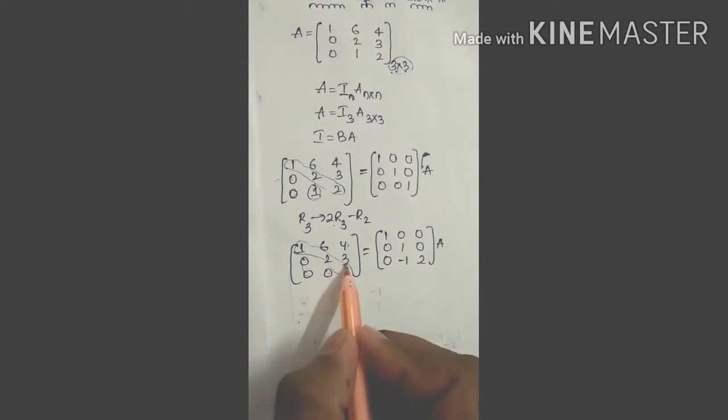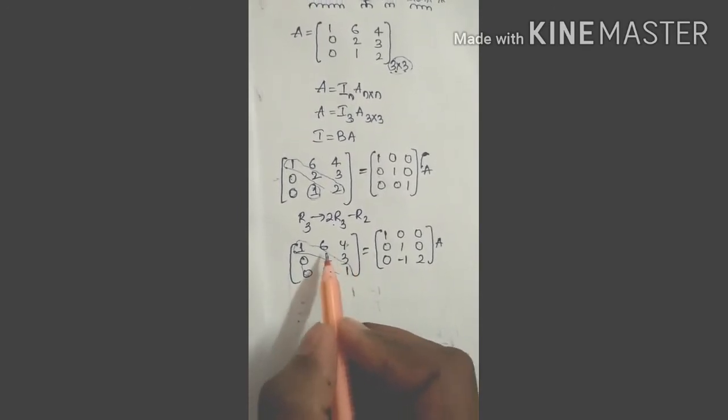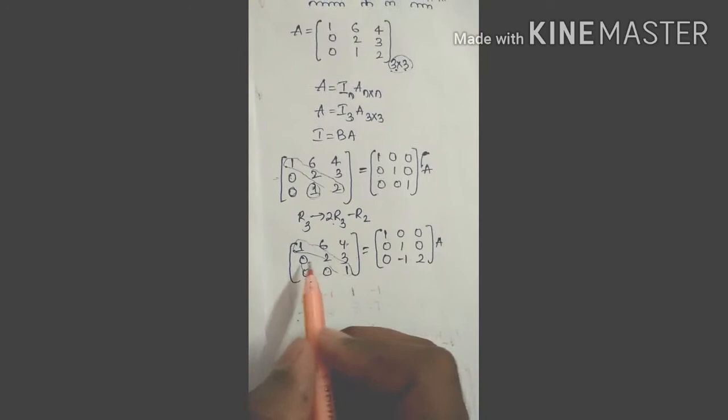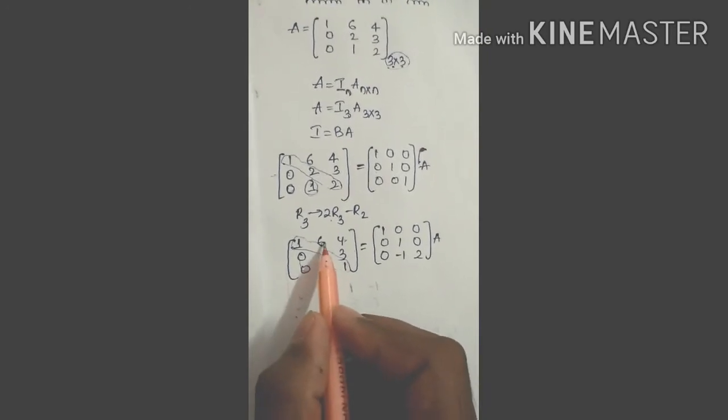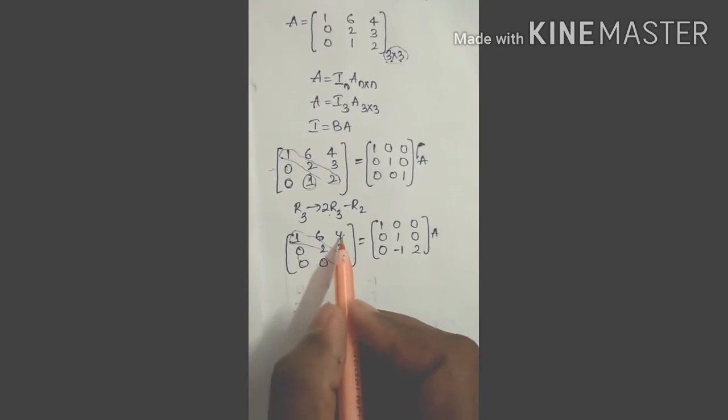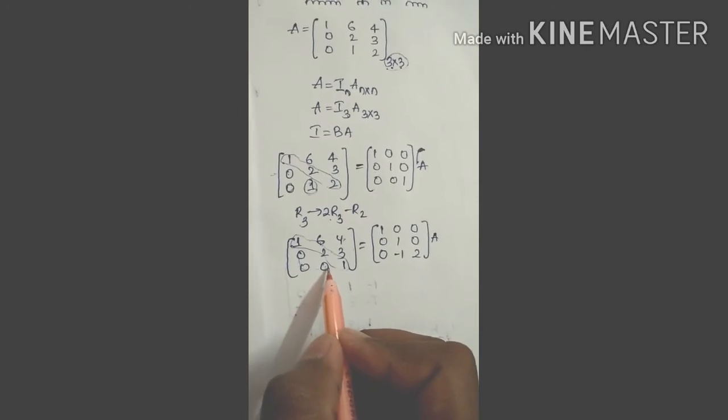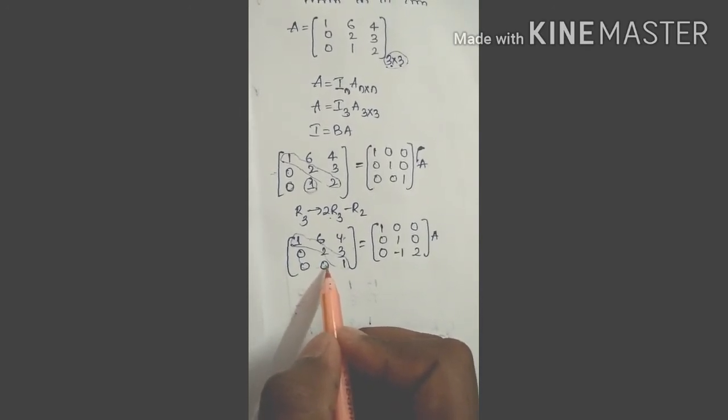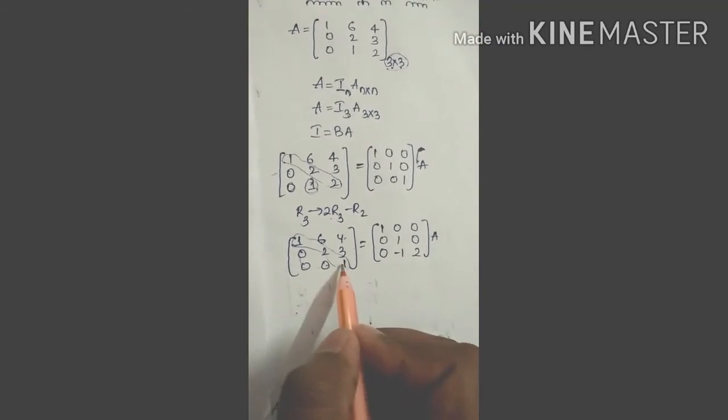Next we try to make these elements 0, with only row operations, not column operations. We make these two elements 0 with the help of row 2 or row 3.